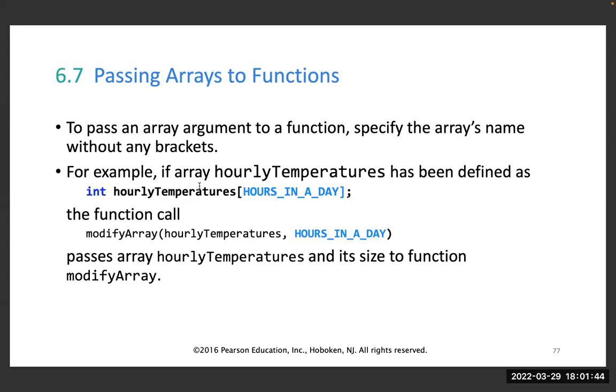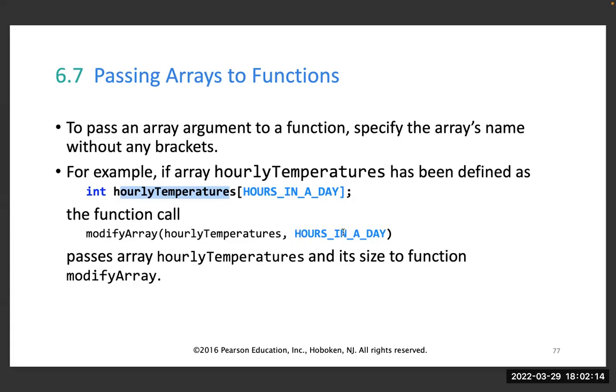So for example, if an array hourly temperature has been defined as int hourly temperature of hours in a day, which is 24, right? So this one should have 24. Then the function called modify array takes hourly temperature. So you can see we just use the array name.